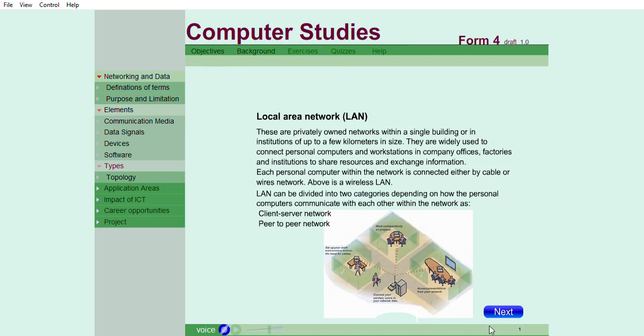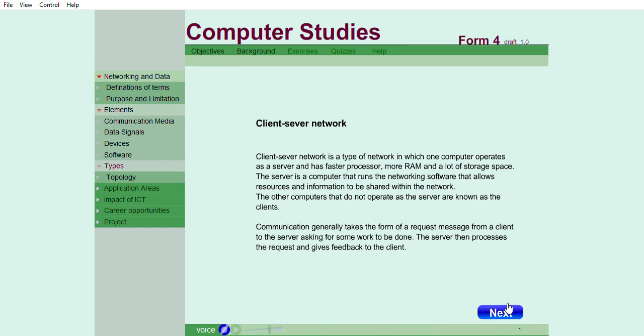Local Area Network (LAN). These are privately owned networks within a single building or in institutions of up to a few kilometers in size. Client-server network is a type of network in which one computer operates as a server and has a faster processor, more RAM, and a lot of storage space.